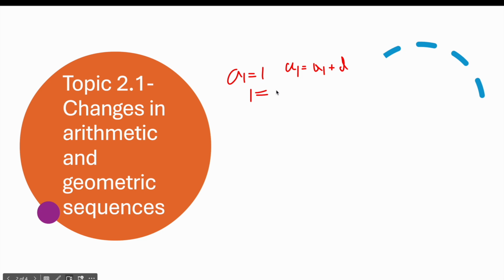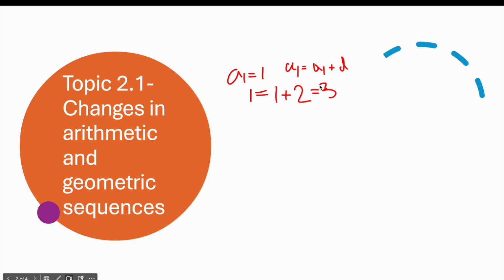So let's say 1 is our A1, and so 1 plus D. In an arithmetic sequence, D refers to difference. So let's say our difference is 2. So that gives us 3.